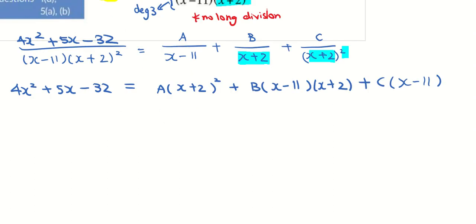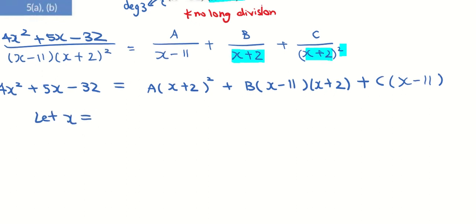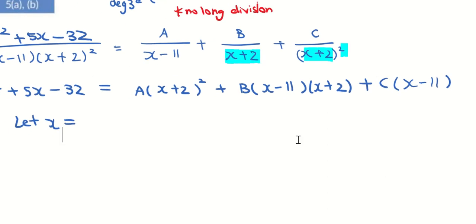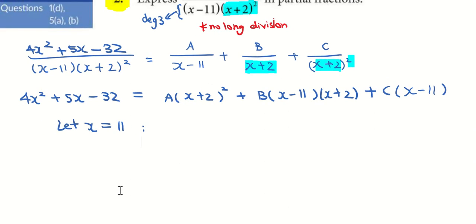Now, after this, we will just need to find out what is my individual A, B, and C. What are the values of A, B, and C? And to do that, again, the quickest way is to let x be a number so that we can eliminate some of the factors over here. For example, if I let x be 11, meaning that I sub 11 into all my x, what I will have is 507 equals to 169A.